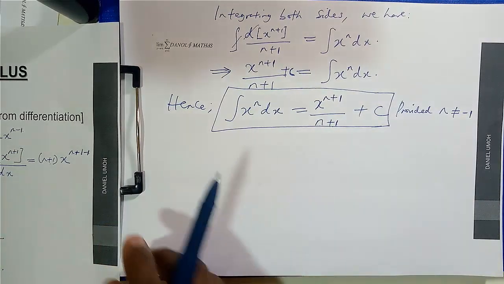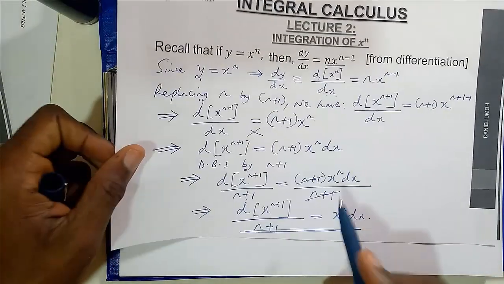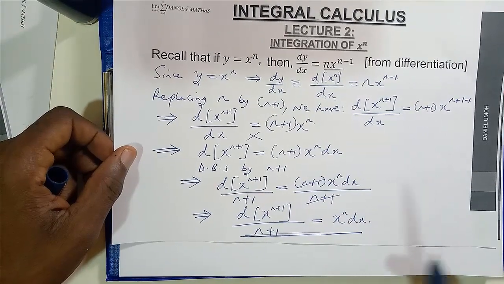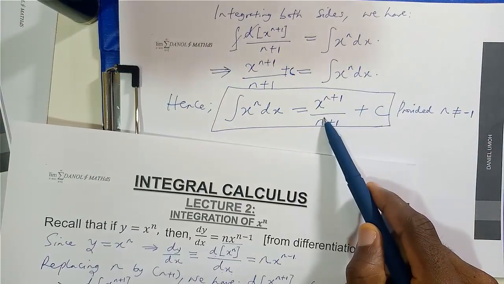All that I have been trying to do from the beginning here is just to derive the general formula for the integral of x raised to the power of n.